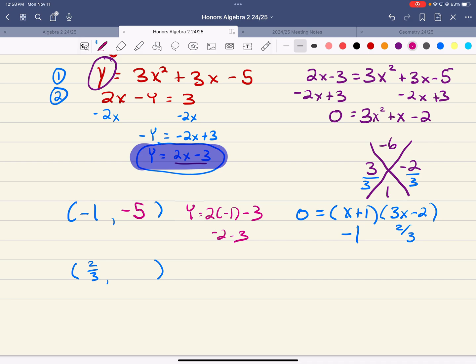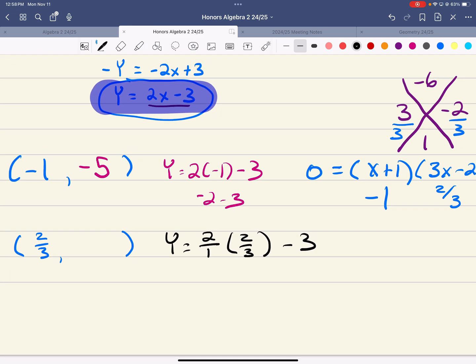The other one, y is equal to 2, which is the same thing as 2 over 1, times 2/3 minus 3. Multiplying fractions is no problem. Take the top times the top, and the bottom times the bottom. So 2 times 2 is not 2. 2 times 2 is 4.